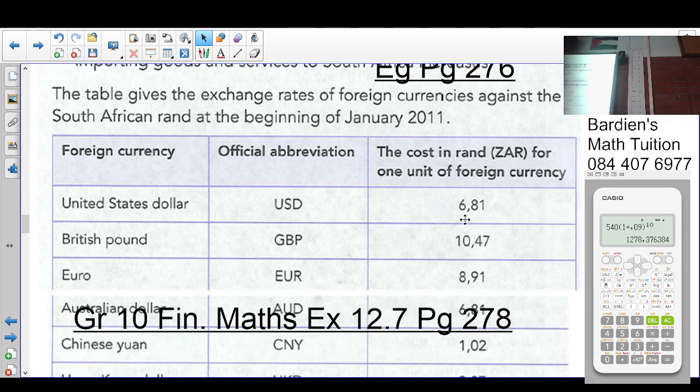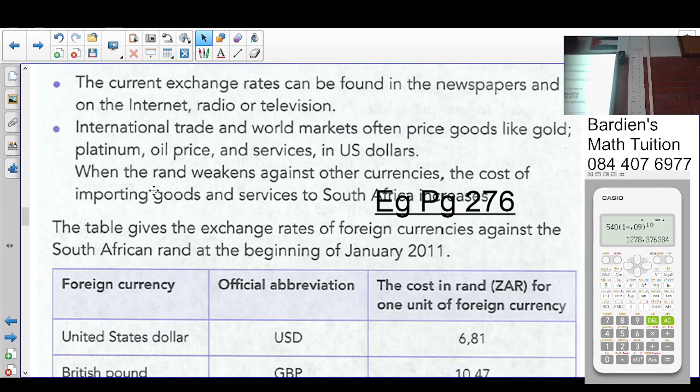We are going to use the values that are given to us. But if you get it in an exam, then we will use more relevant values. Because this is printed, we couldn't change it all the time as the rand to dollar exchange rate changes. It makes sense.